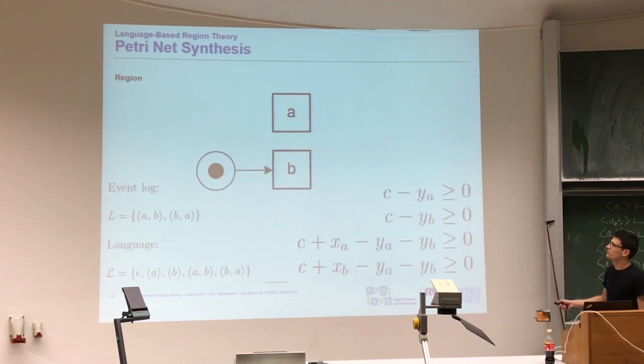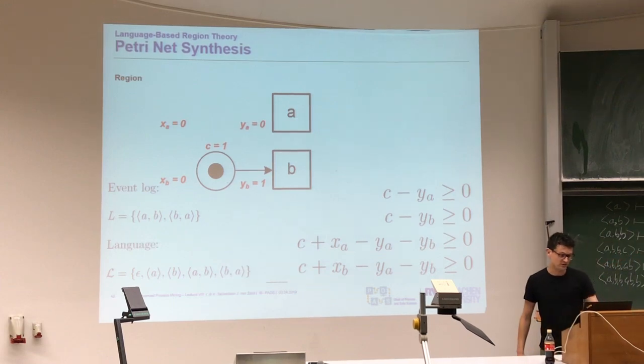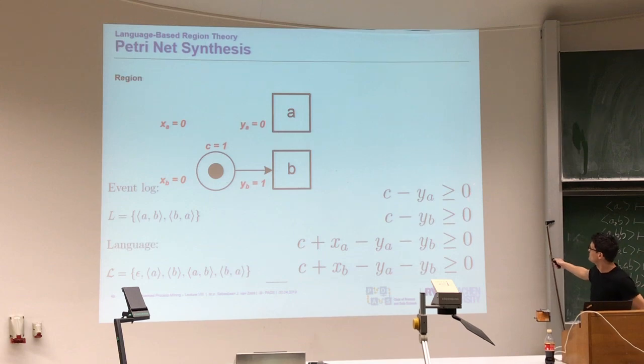Now another example would be this place, for which we again have c, so the variable for the marker is 1. Now the yb value is 1, and the other variables are 0. Similarly to our previous example, this one will also have all constraints equal to at least 0, and some are 1, so they are satisfied.